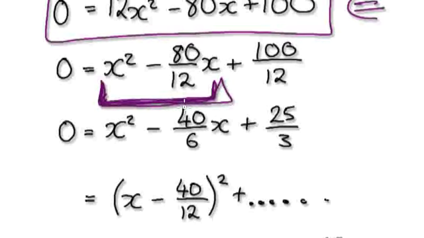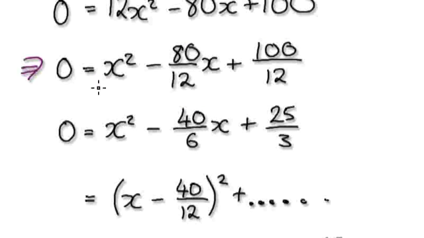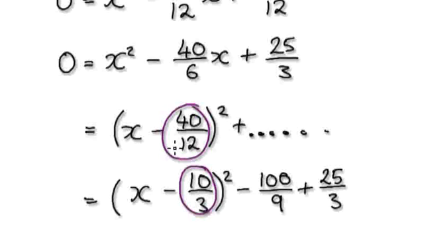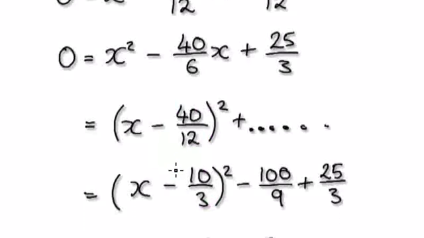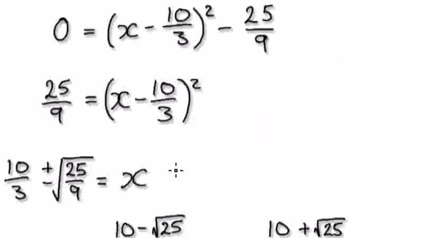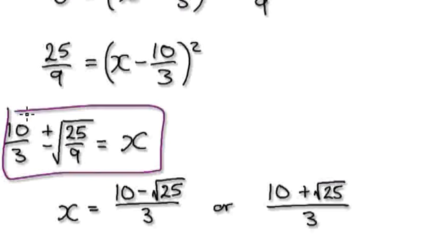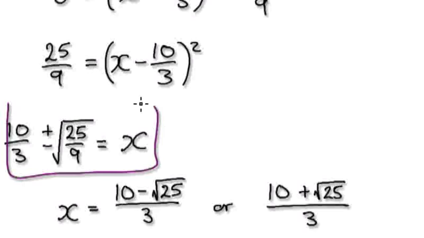When you get to this stage, your eyes will zoom into this. You're always going to need half of this. When you simplify it, it will give you this. So x equals this.